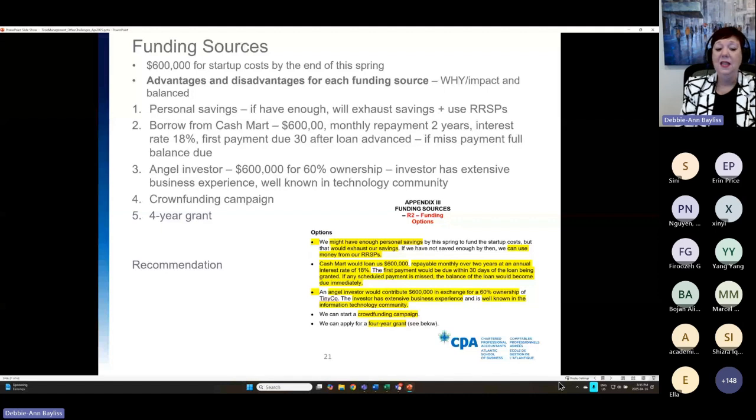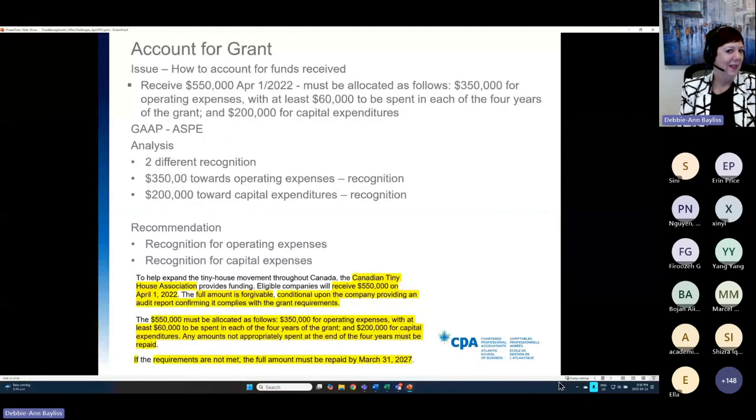The full amount is forgivable, conditional upon the company providing an audit report. Okay, it's audit procedures I need to do. So that information I'm going to put under the pros and cons of the funding sources.